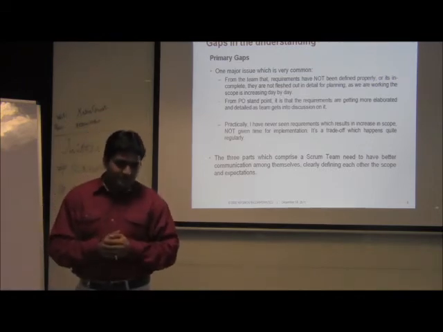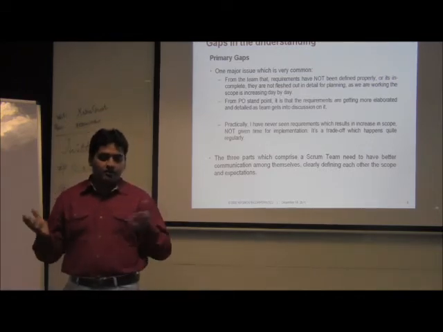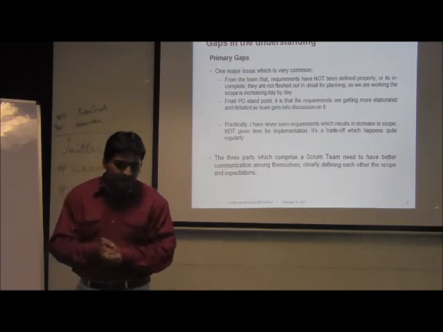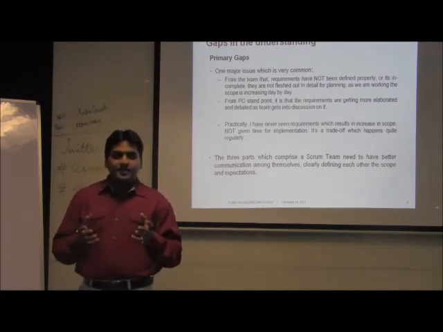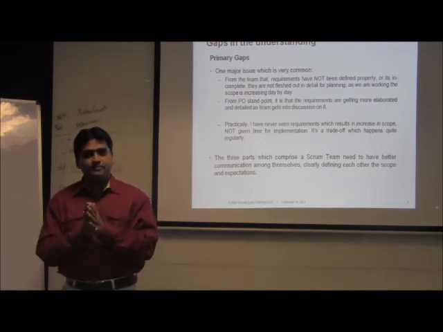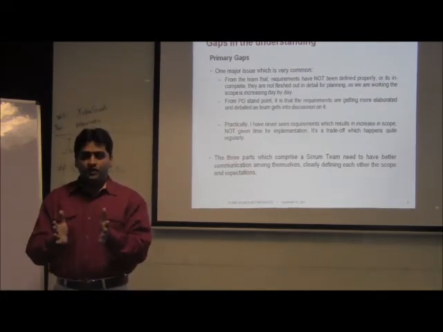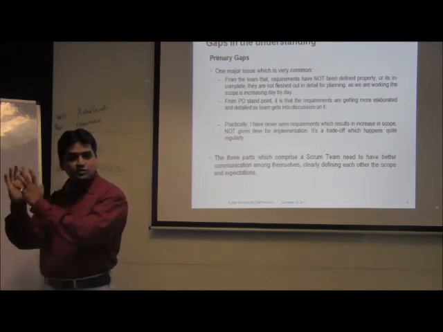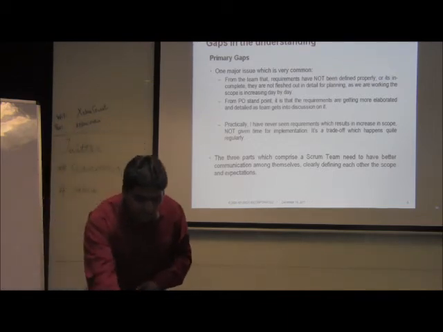And the 3 parts which comprise a Scrum need to have better communication and a certain amount of faith in each other, that yes, all 3 parts are together as a team working towards our business goals, our organizational goals.